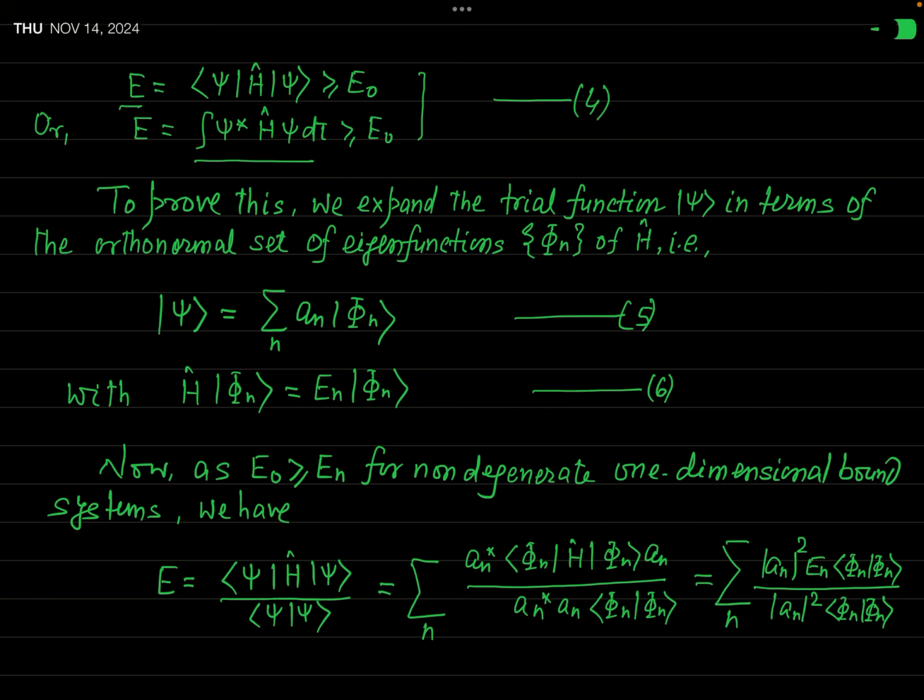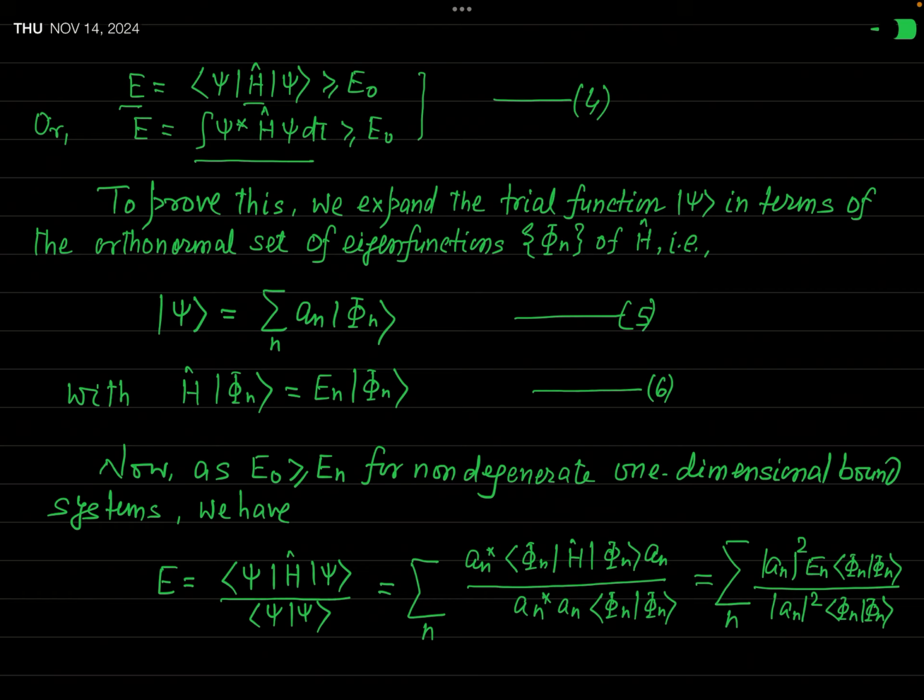Okay. Now, first of all, we are going to prove this fact. Okay. If your aim is to prove this fact that E, which is the expectation value of the Hamiltonian for the state psi, is greater than or equal to E naught, how can we prove it?